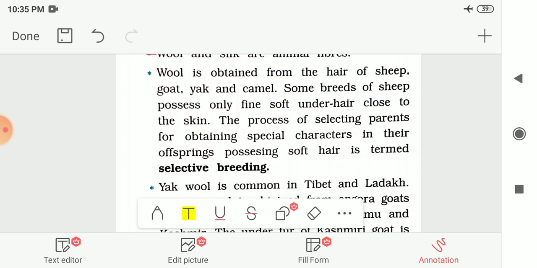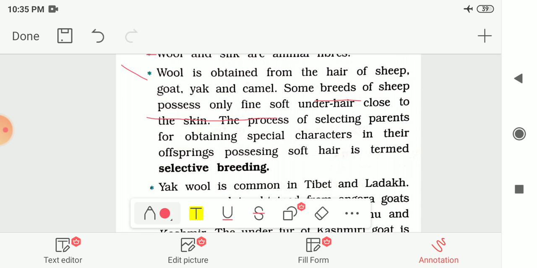Wool is obtained from the hair of sheep, goat, yak and camel, and some breeds of sheep possess only fine, that means thin, soft underhair that is close to the skin. The process of selecting parents to obtain special characteristics in their offspring, in this case soft hair, is termed selective breeding.